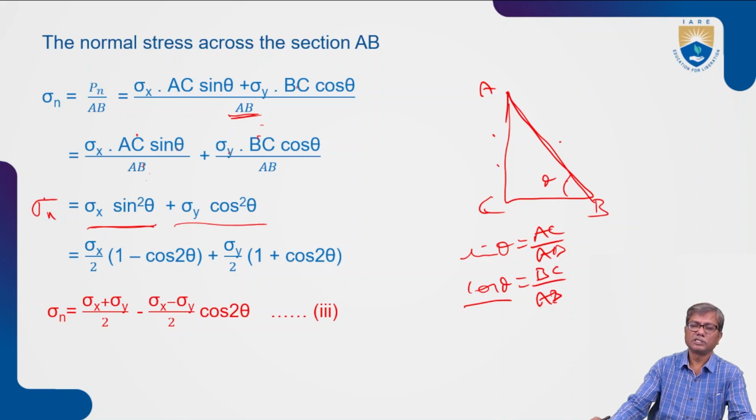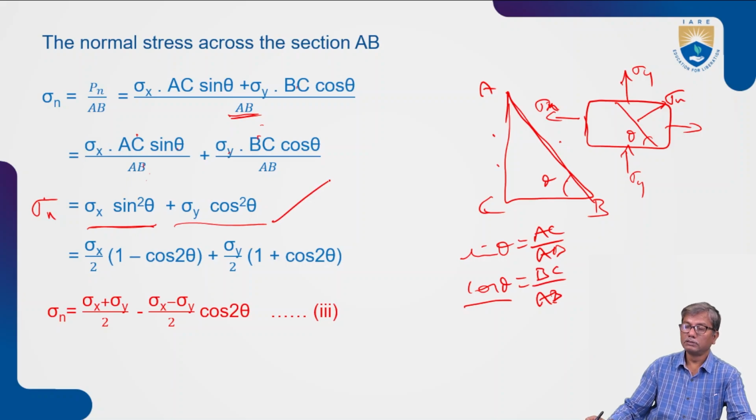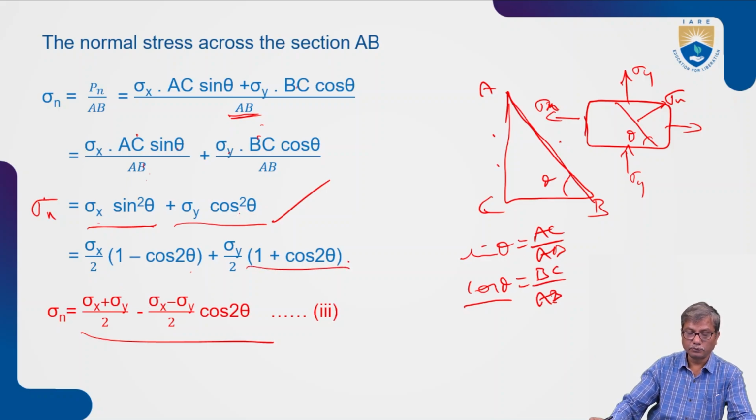So this is the normal stress, sigma x sin square theta plus sigma y cos square theta. In a member which is subjected to biaxial stresses, sigma x and sigma y, the normal stress on an inclined plane is given by this expression. And it can also be shown like this by taking sin square theta as 1 minus cos 2 theta by 2 and cos square theta as 1 plus cos 2 theta by 2.